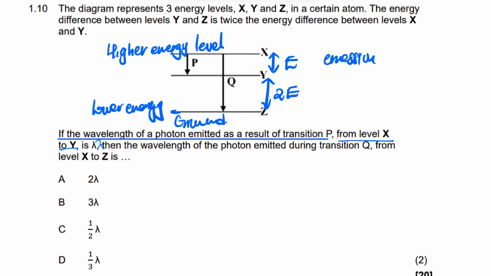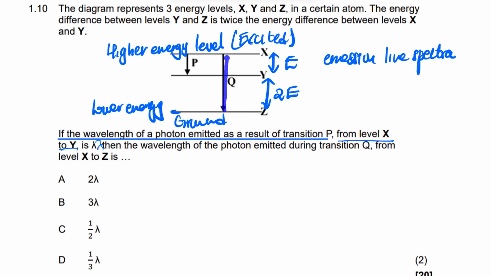It's an emission line spectra, right? But if they were coming from the lower energy level, which is the ground state, to the higher energy level, which is the excited state, we call it an absorption line spectra.